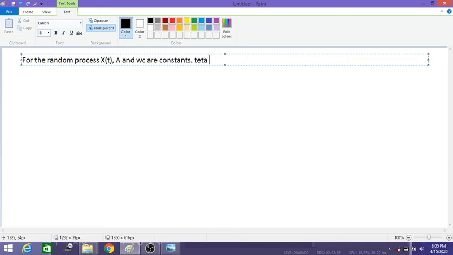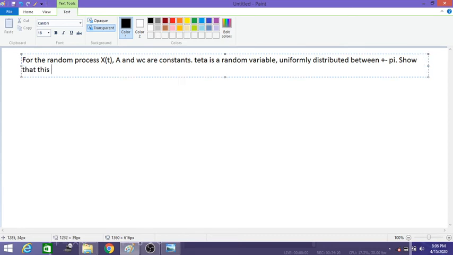Now theta is a random variable uniformly distributed between plus or minus pi. Show that this process is ergodic.